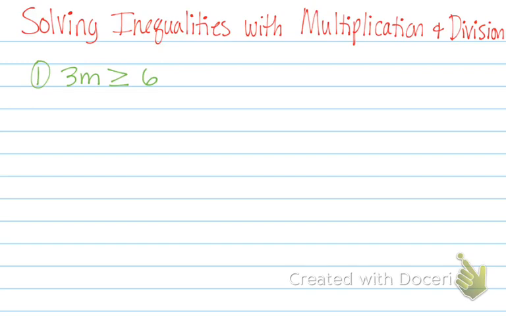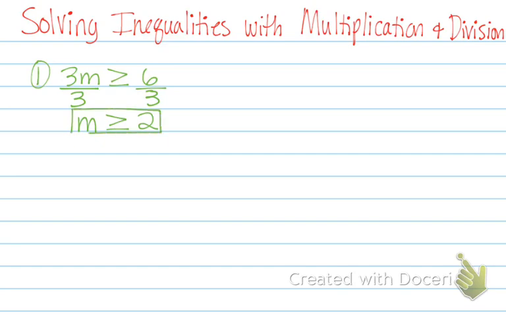Because we are doing 3 times m, in order to undo the multiplication, we can divide by 3. But whatever I do to one side, I have to do to the other. And so this gives me that m is greater than or equal to 2.